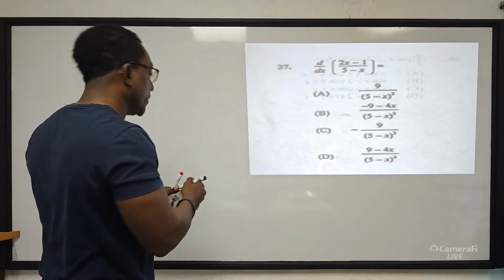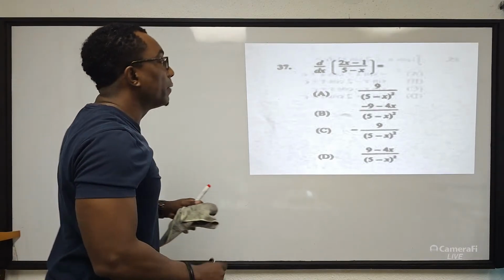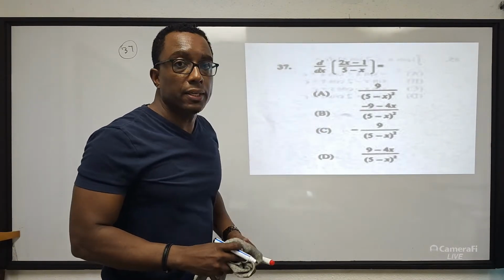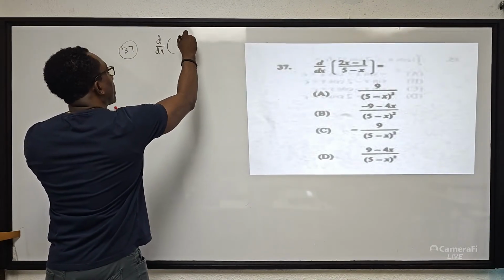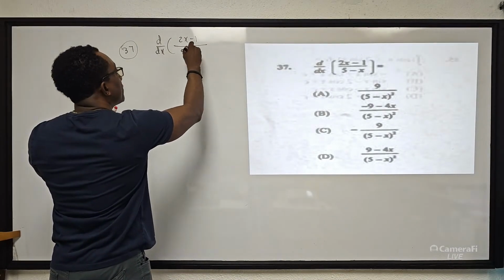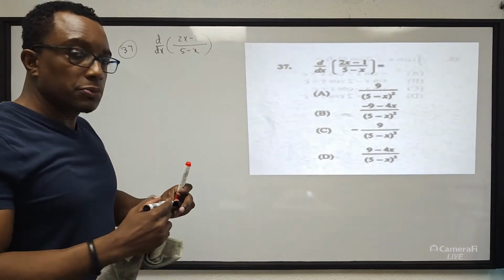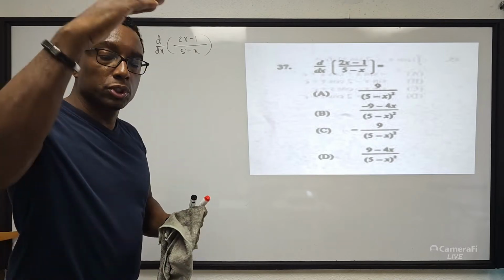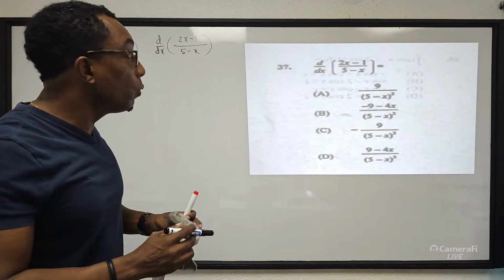Right, so for 37, they want us to differentiate 2x minus 1 over 5 minus x. Okay? So to differentiate that, once we have a quotient, one on top of the other, then we know we divide one by the other, then we know it's the quotient rule.